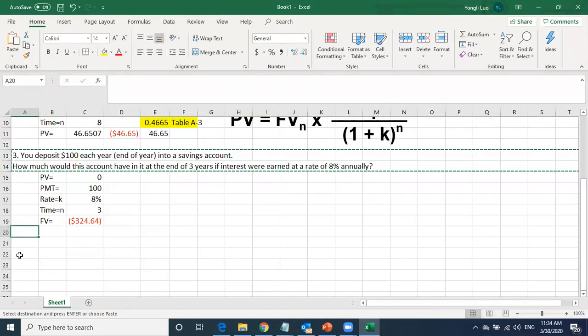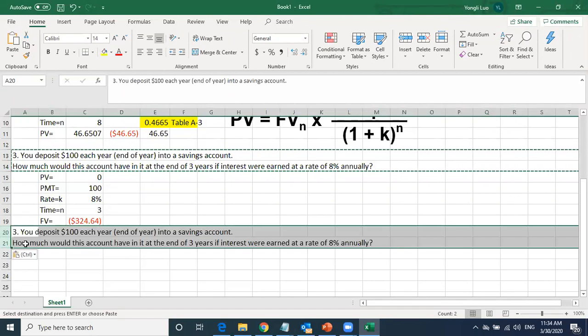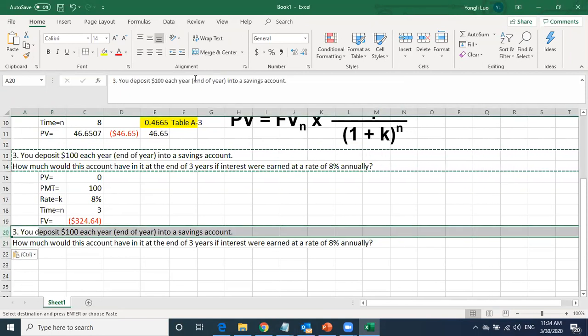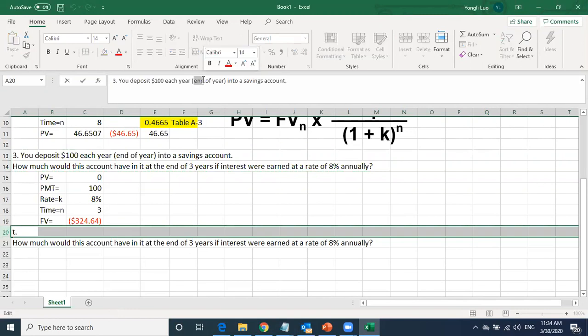Good. So we change this question to an annuity due. What is an annuity due? It asks how much this account will have if you change the deposit to the beginning of each year.